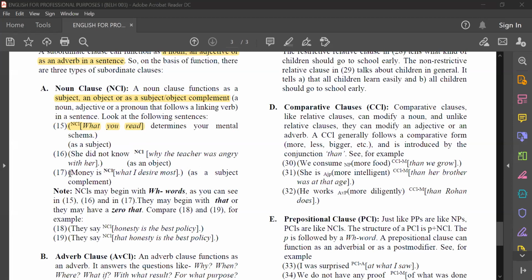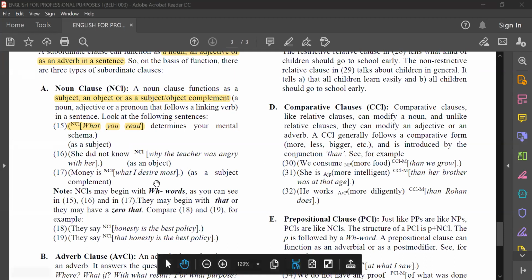This is also a way how a noun clause can be understood in a sentence. So "what money is what I desire most." Basically it is connecting to the subject where the verb is the linking one, connecting the subject to the subject complement. So "what I desire most is money." That is how you can understand.